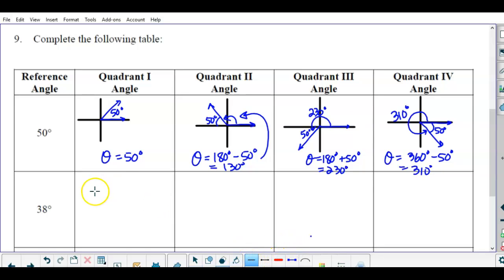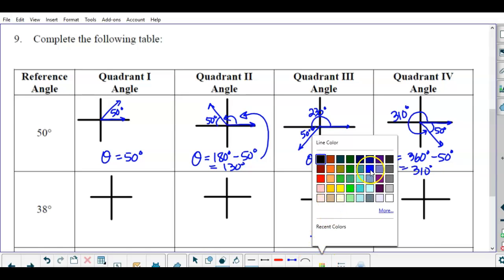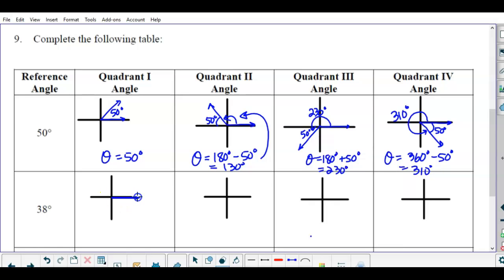Okay, the next one's 38 degrees. So I'm just going to do my coordinate grid for all of them first. Okay, and then maybe I'll use an arrow key here just to make it a little bit easier. So, initial arm, 38 will be about there.